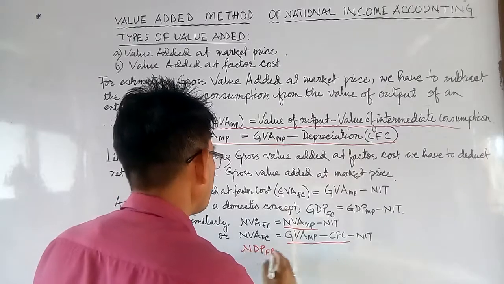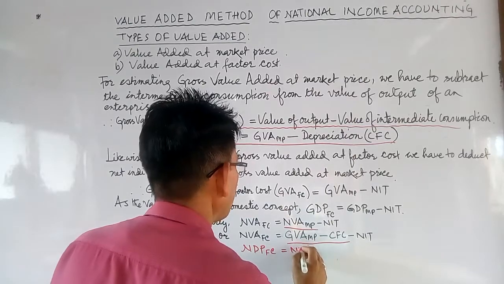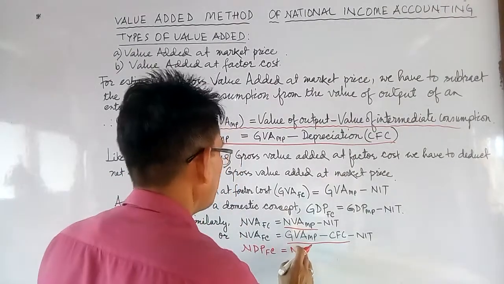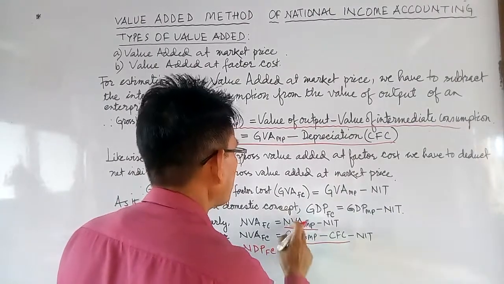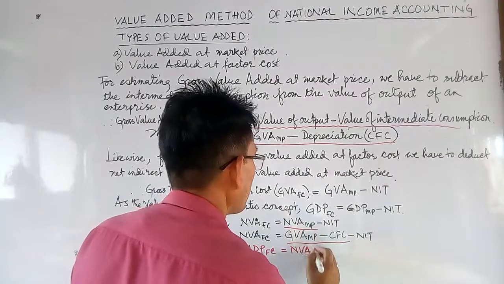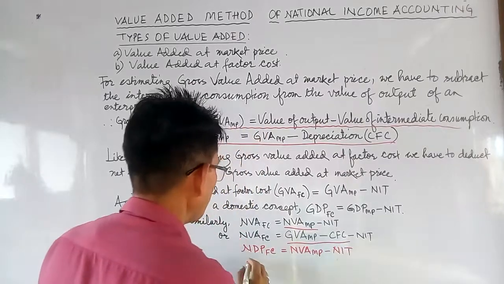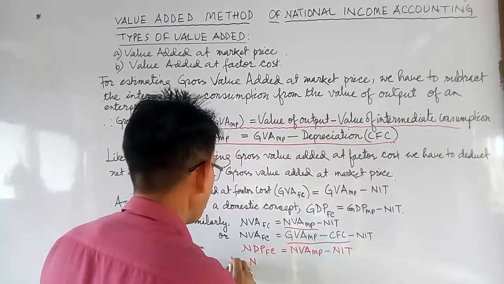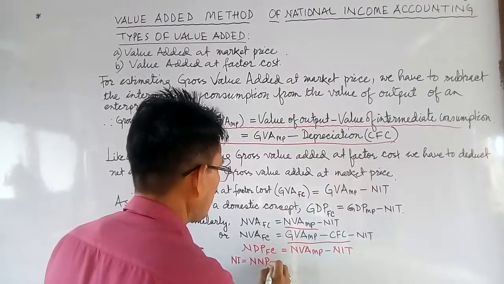Net domestic product at factor cost is nothing but this one. Let us say NVAMP minus NIT, and we get NI. National income is equal to net national product at factor cost.